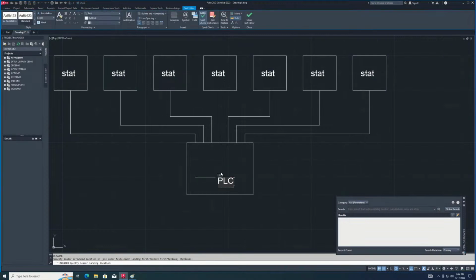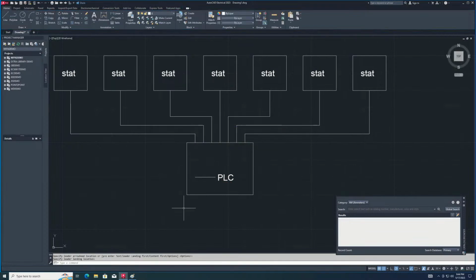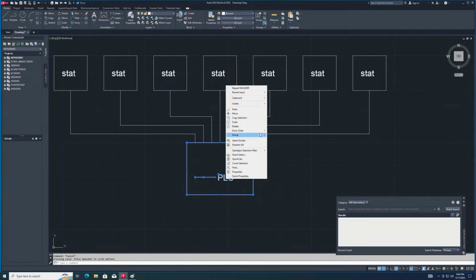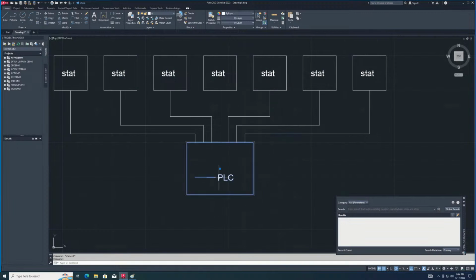Okay, PLC. But when I select these, I'll be able to group these together. There we go. Okay.